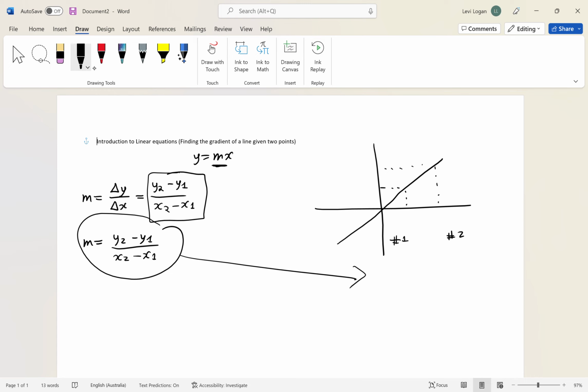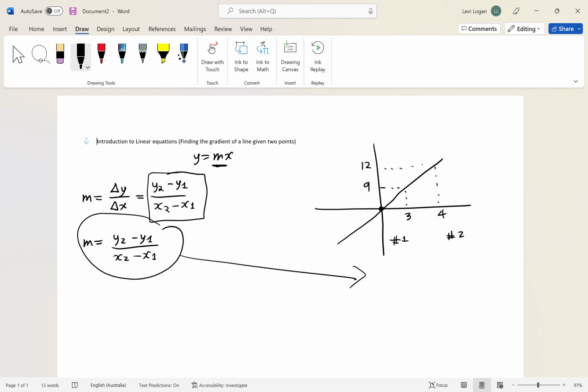Let's say we have (3, 9), and the points (4, 12). How are we going to find the gradient of this line? And let's assume it passes through (0, 0). So there's no c value.